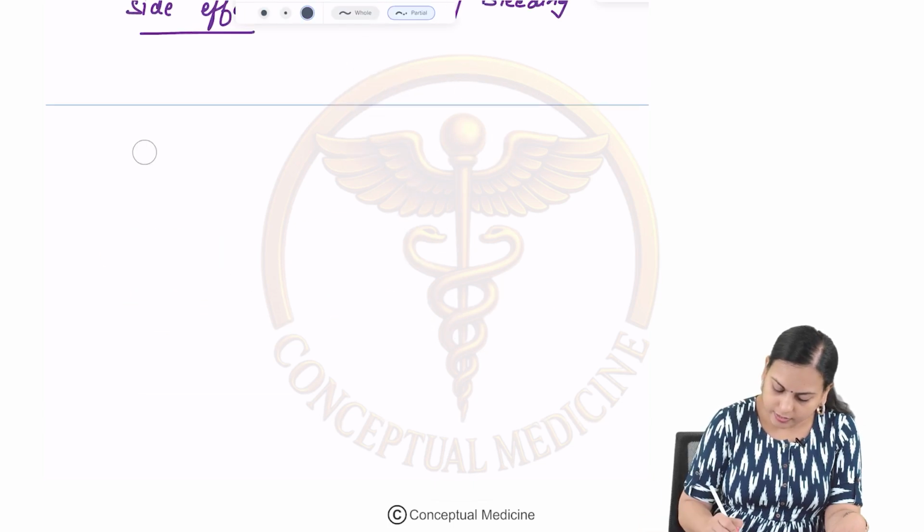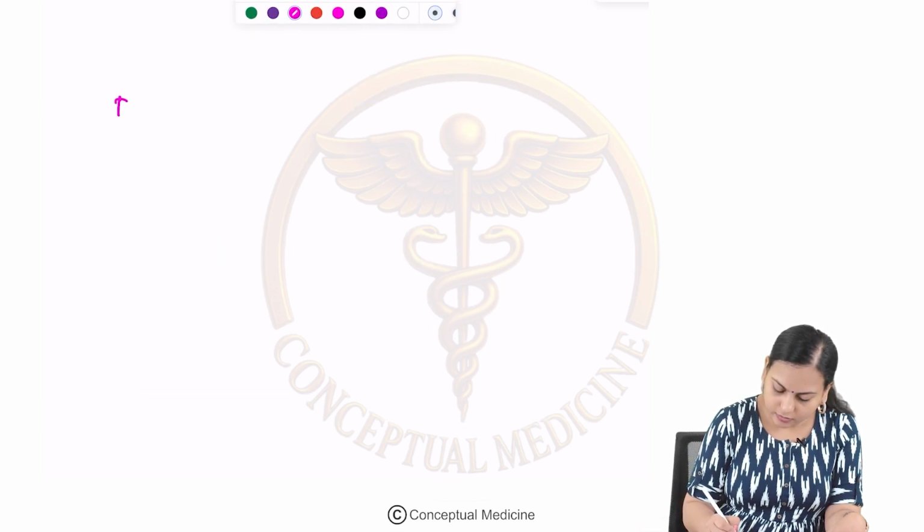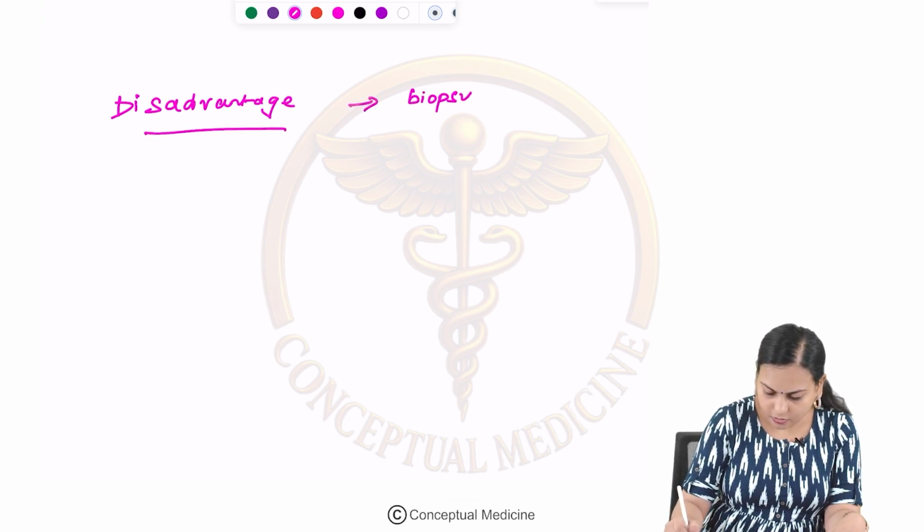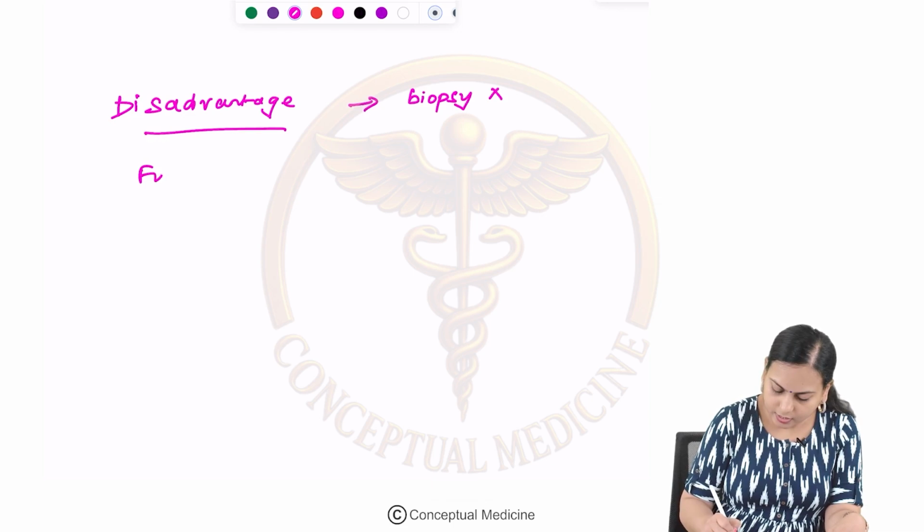Okay, let's discuss the disadvantages of this procedure. We can't take a biopsy of the lesion. Then how will you follow up this patient?